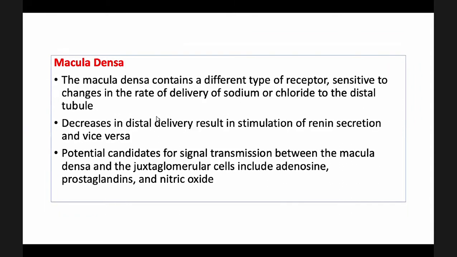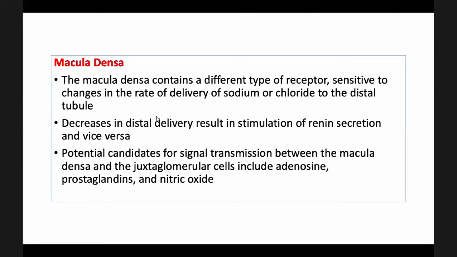The macula densa contains a different type of receptor. They are sensitive to changes in the rate of delivery of sodium or chloride to the distal tubule. If there is a decrease in the distal delivery, this will result in the stimulation of renin secretion, and vice versa.